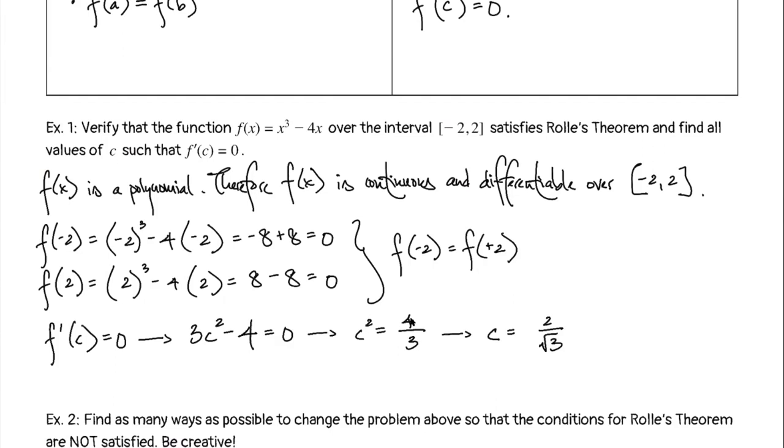I don't care if you rationalize this or not. You might find the future instructors that care as much. I do not. But what I do care about, and the reason why I left the gap between the equal sign and the 2 over root 3, is because we want to make sure we know there's not one solution, but there are 2.